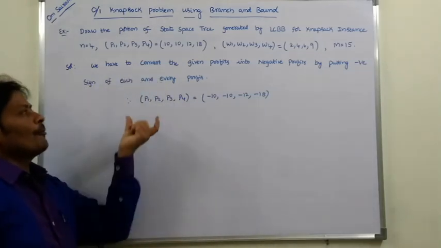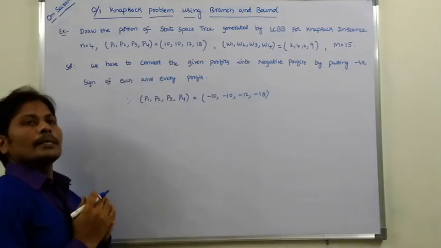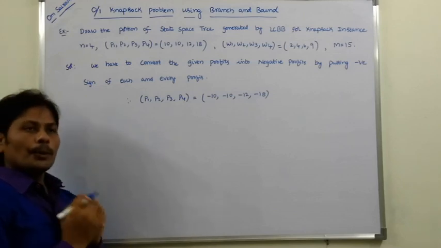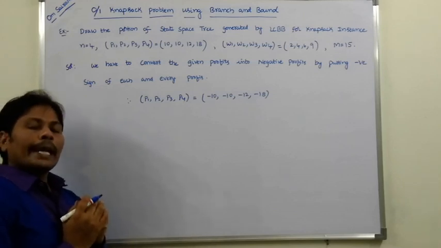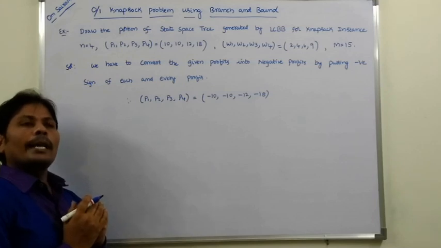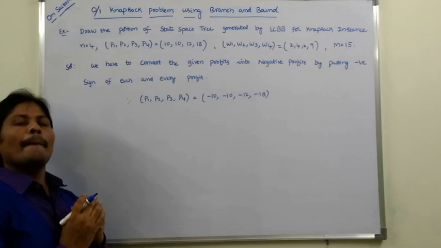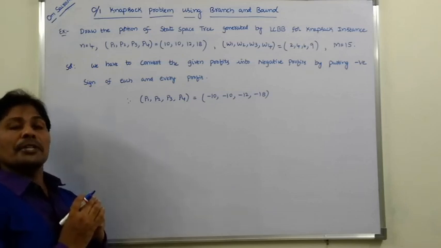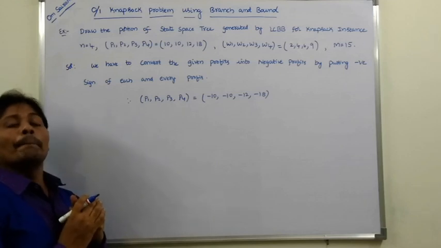Okay. So why are we converting these positive profits into negative profits? In the knapsack problem, we have to obtain the maximum profit. But branch and bound deals with minimization problems.